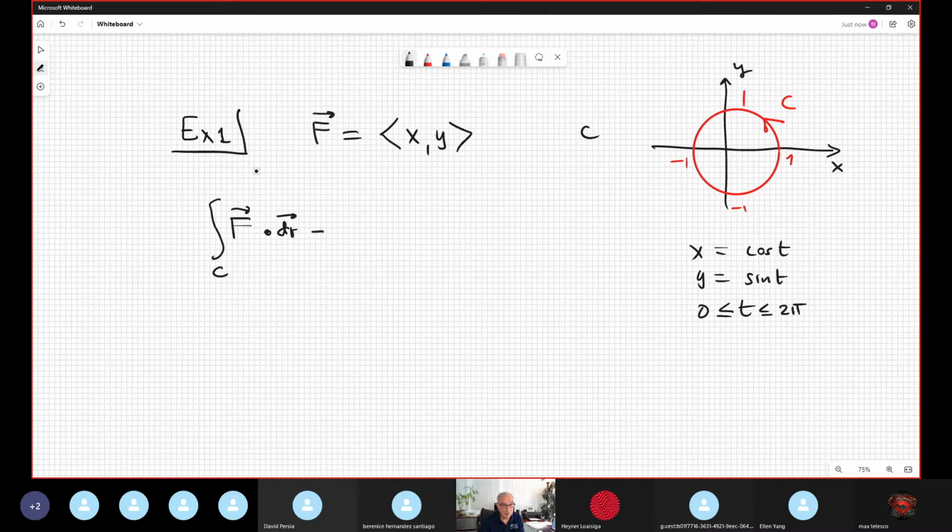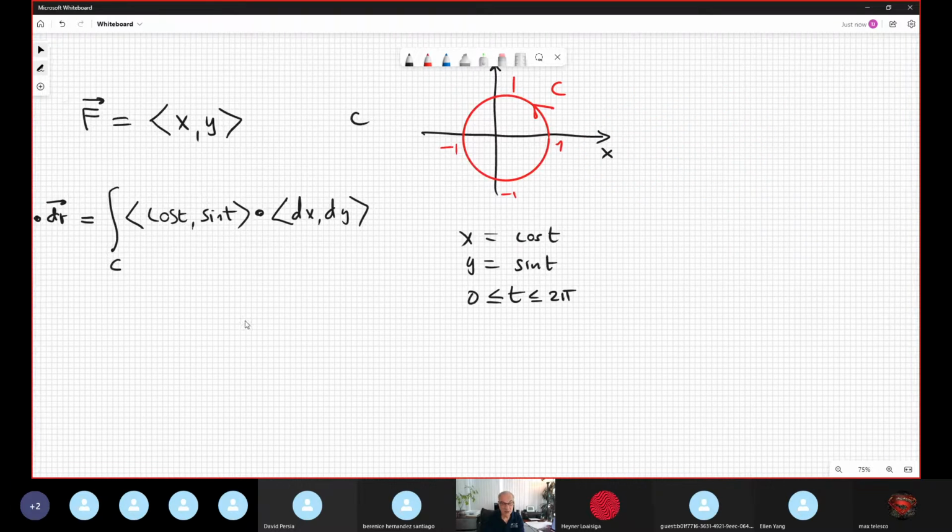So now I perform the dot product. Who is F? F is x comma y. So cosine t comma sine t. Dot product, and dr is dx dy. To find dx dy, I need to find the derivative.